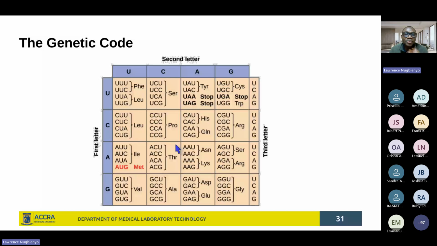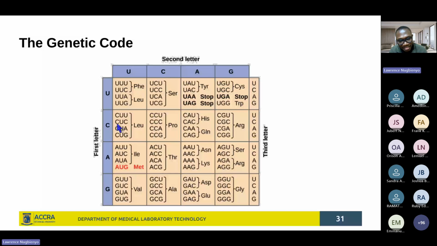Even if I give you any question concerning this, it will be in the form of, say, I give you a messenger RNA strand, the sequence of the nucleotides in the messenger RNA strand, and I am asking you to give me the amino acid sequence of a peptide that can be produced from that messenger RNA.